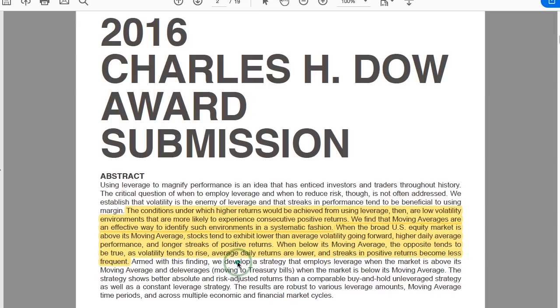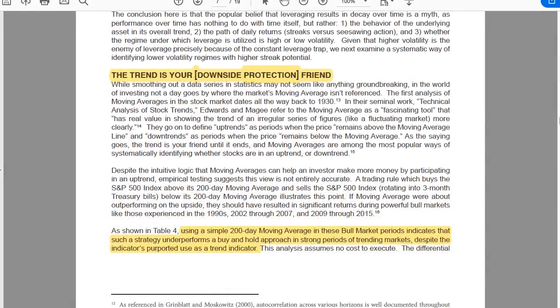In other words, it's a heck of a lot harder to make money when the S&P 500 is below its 200-day moving average. Moving further down into the paper, it says the trend is your downside protection friend.